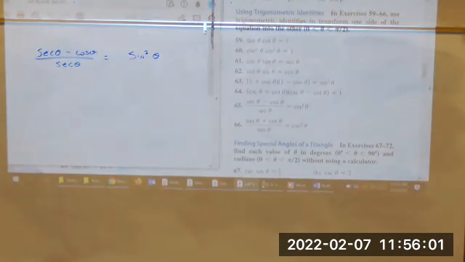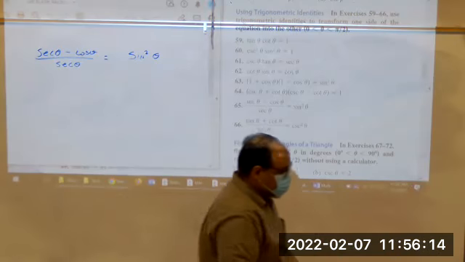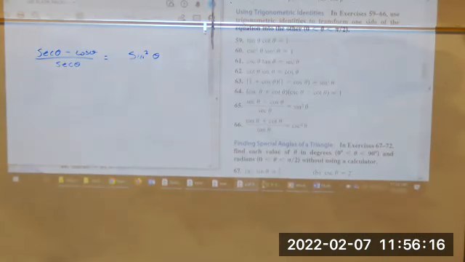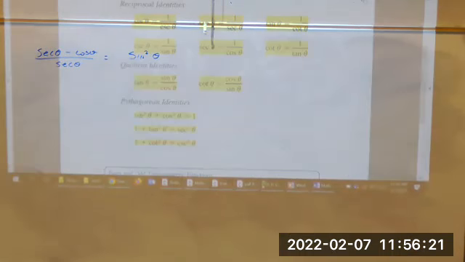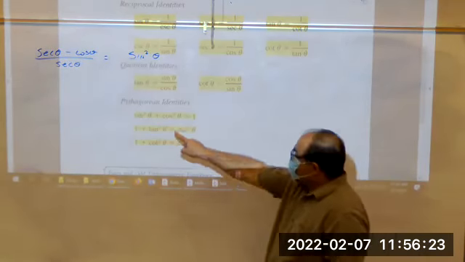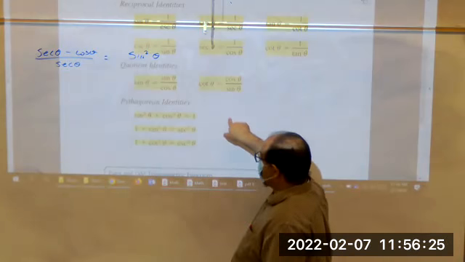Okay. Now, I'm just going to go the easiest way possible. On the right-hand side is sine squared. From the identities, there's only 3 of them, but remember they can be manipulated. Sine squared could be 1 minus cosine squared.